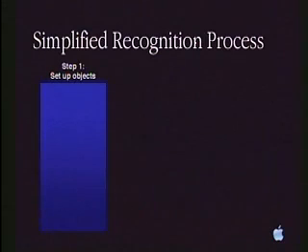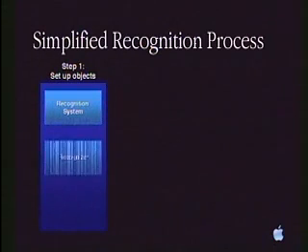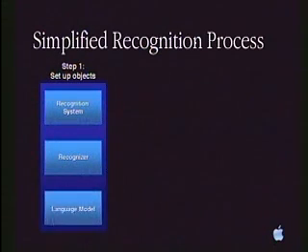Okay, so step 1, we provide a routine that basically sets up all the recognition objects and instantiates the recognition system, a recognizer object, and a language model object, hooks them all together, and that's all set up and ready to go. Something that virtually every developer has to do when they adopt the Apple Speech Recognition API.